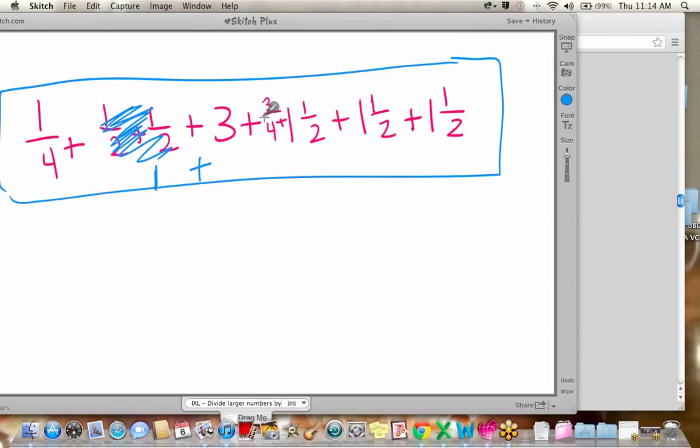One-fourth plus 3/4. I can draw a little picture for you. There's fourths. What's 1/4 plus 3/4? Yeah, 1. Okay, so I'm going to get rid of these two because I just added those up.